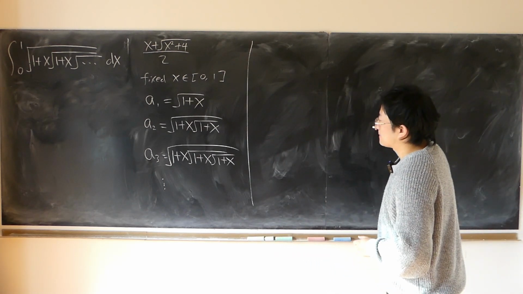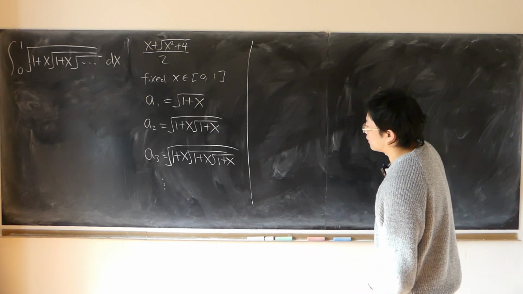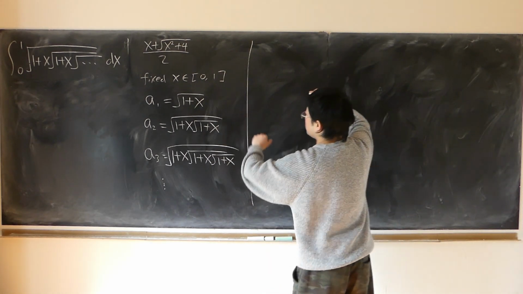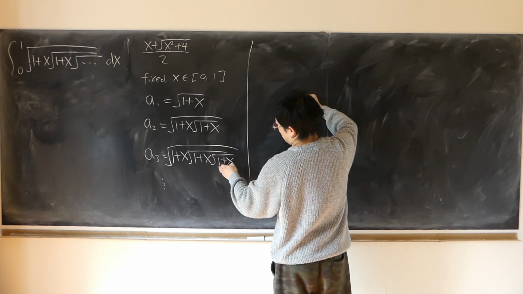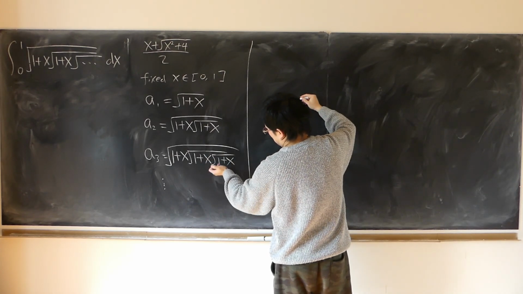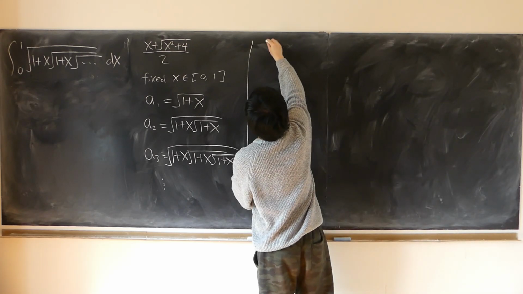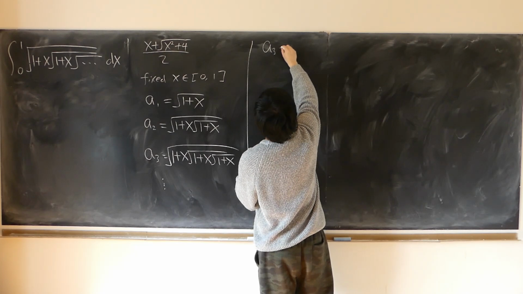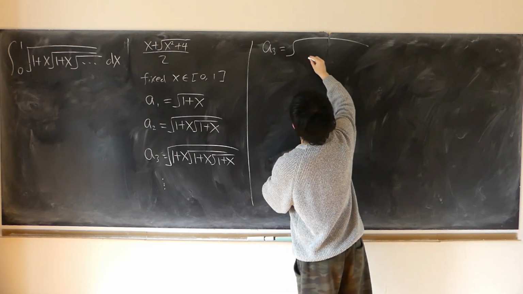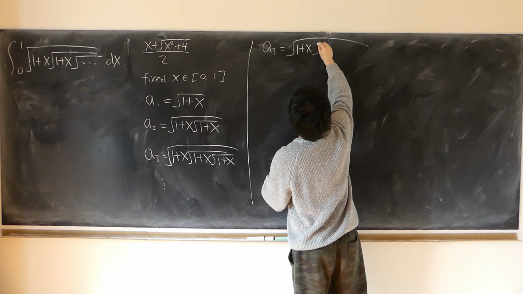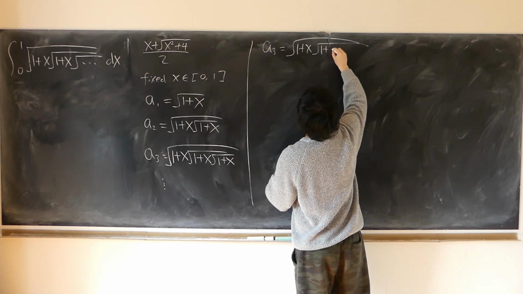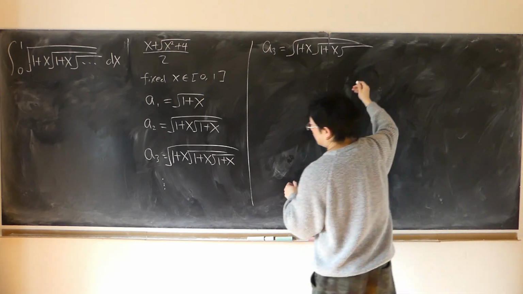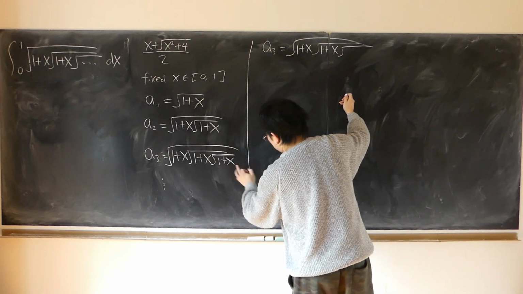First of all, it's bounded above. The reason is that I can say a3 can be written like this: x times the square root of 1 plus x.